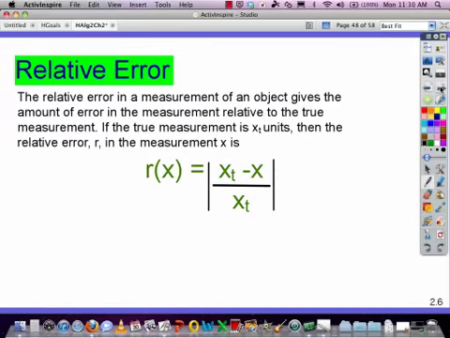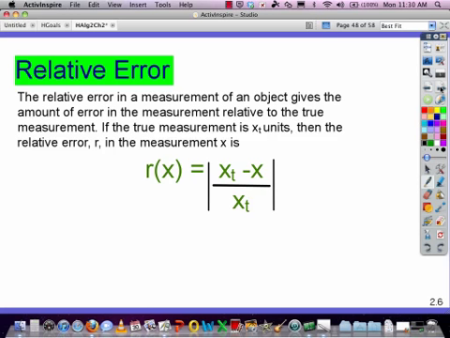So those were our 3. Now here's a real world example of where we would use some of these functions. But this is a formula that was in the book, so take a look. The relative error in a measurement of an object gives the amount of error in the measurement relative to the true measurement.